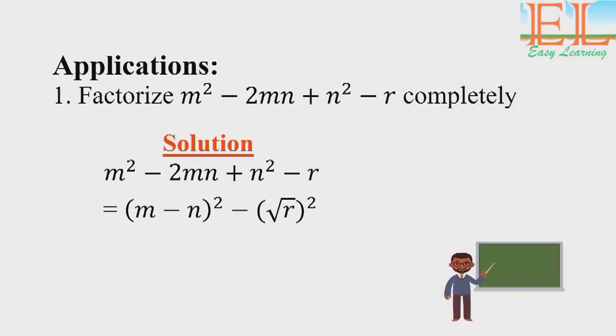The square of a square root still gives you the number. I can now write my expression as m minus n all squared minus square root of r all squared. And this is a difference of two squares.